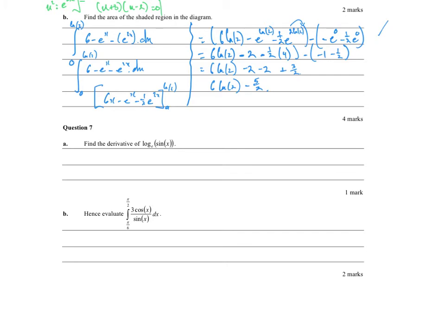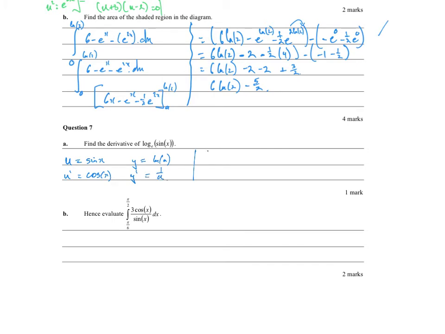All right, last one for now. Find the derivative of the natural log of sine x. So again, two functions, but only one x. Chain rule. U equals sine x. U dashed is equal to the derivative of sine, which is cos. So if y is equal to natural log of u, y dashed is equal to 1 on u.